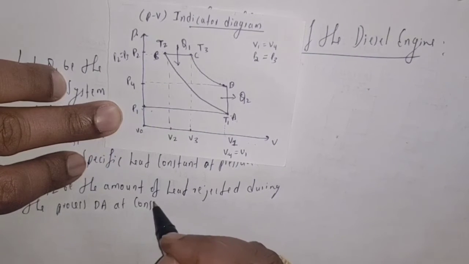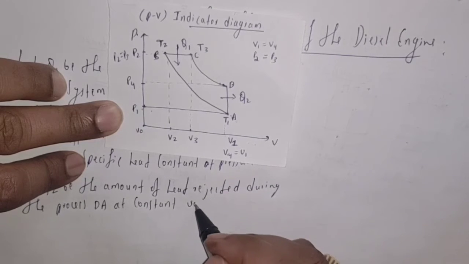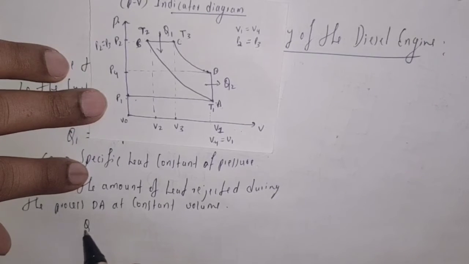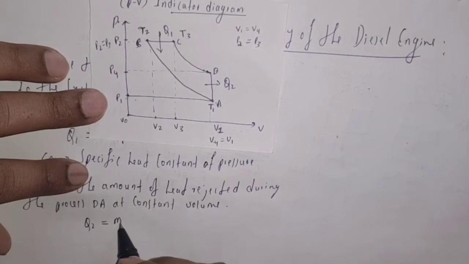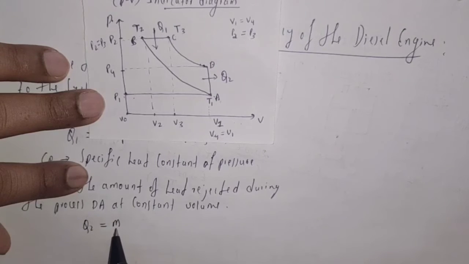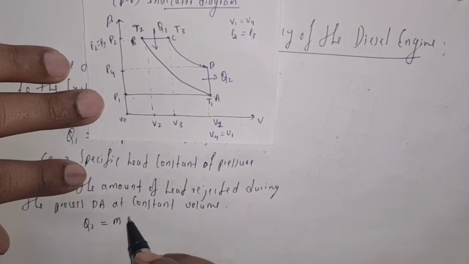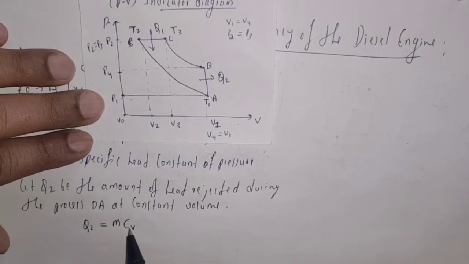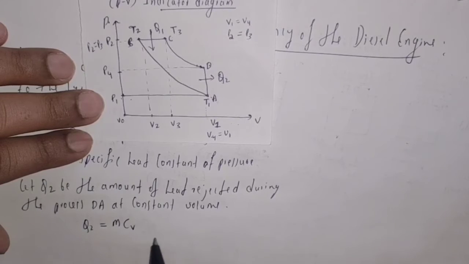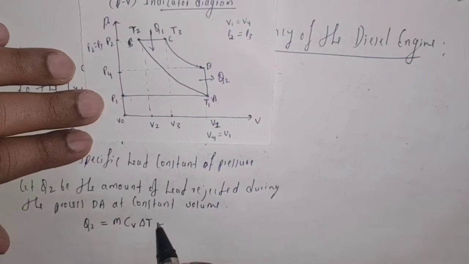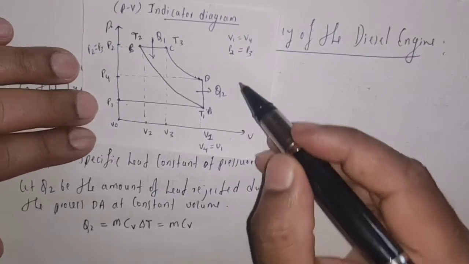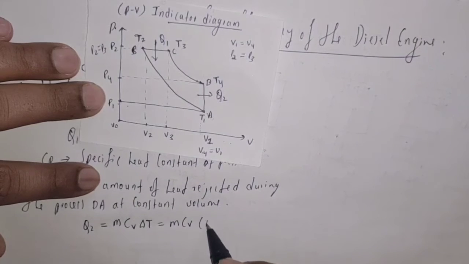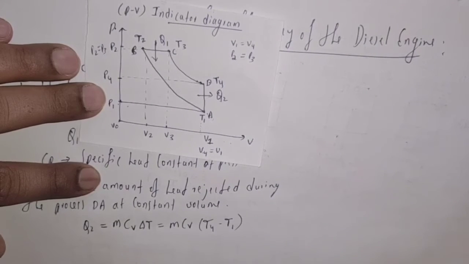Here Q2 is equal to m, where m is the mass of the working substance, into Cv, where Cv is the specific heat capacity at constant volume, into delta T. Here delta T is the temperature difference, that is T4 minus T1.